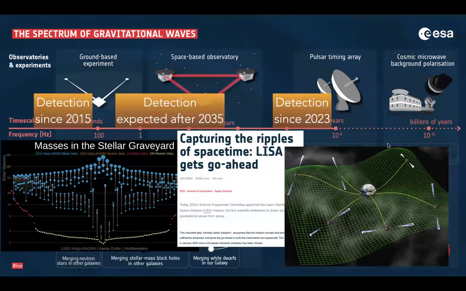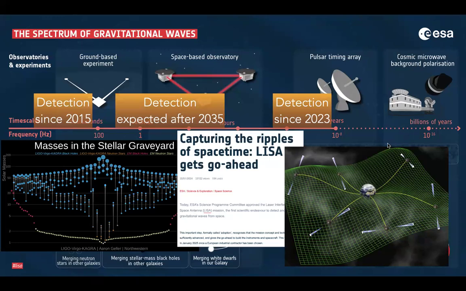Since 2015, we have been detecting gravitational waves from astrophysical mergers by the famous LIGO-Virgo collaboration. And just last summer, a stochastic gravitational wave background was observed in the nanohertz regime using radio telescopes forming a pulsar timing array.